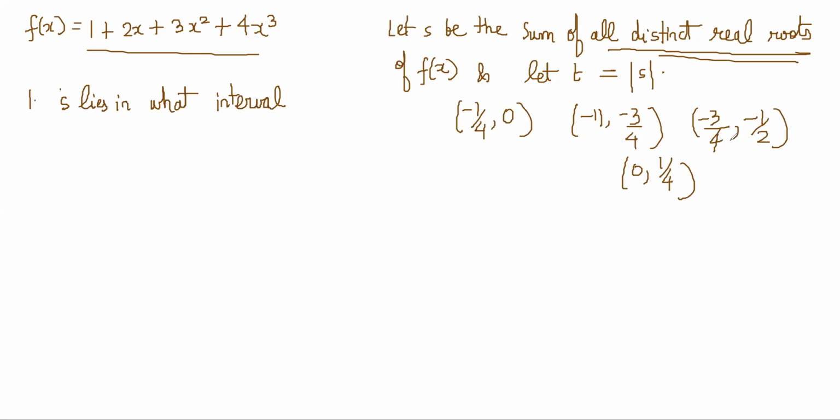I mean, not my bad, my blunder. Yeah. That's okay. You cannot ask me things like, oh, sum of all roots, why is it not working? This is sum of all distinct real roots. So that is different. So S lies in what interval?